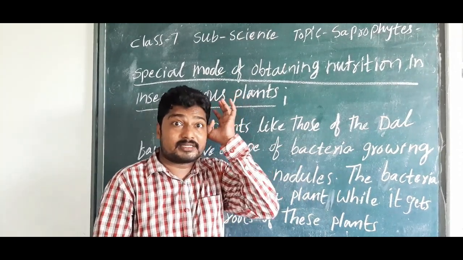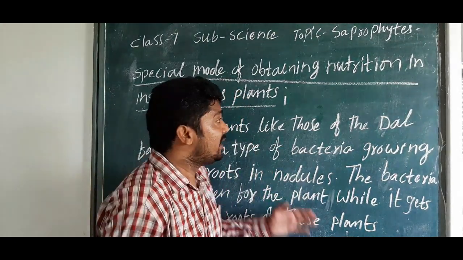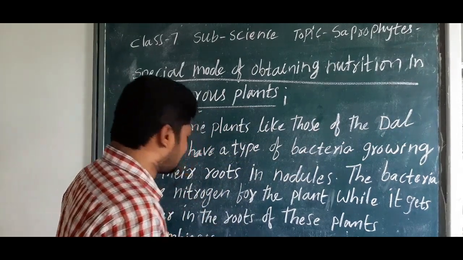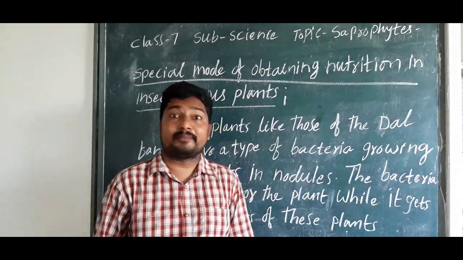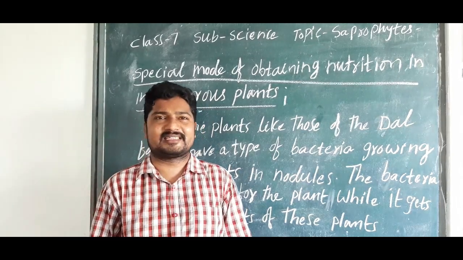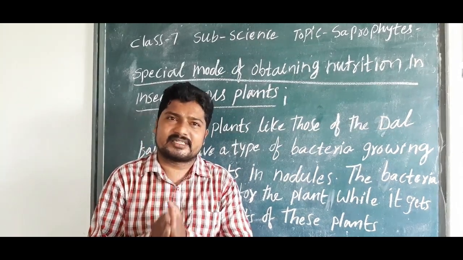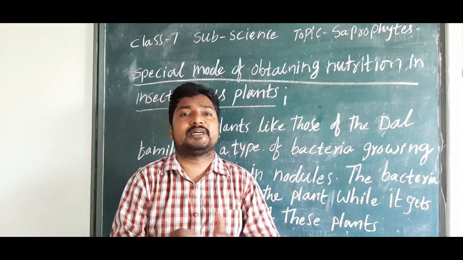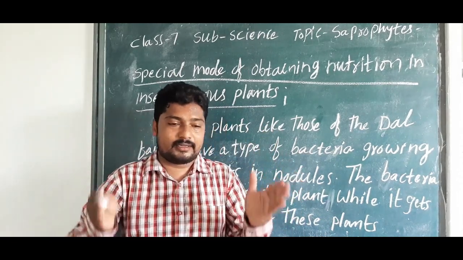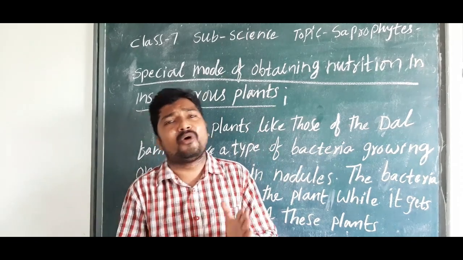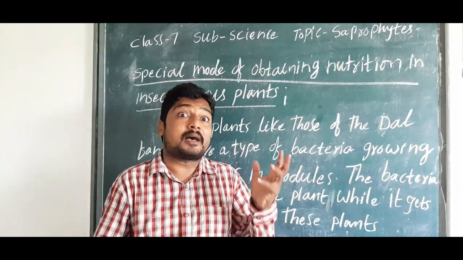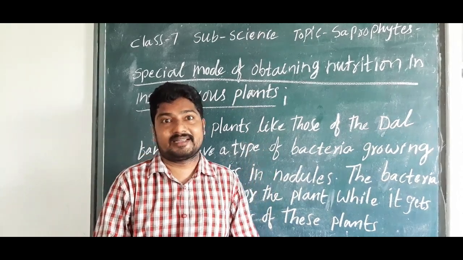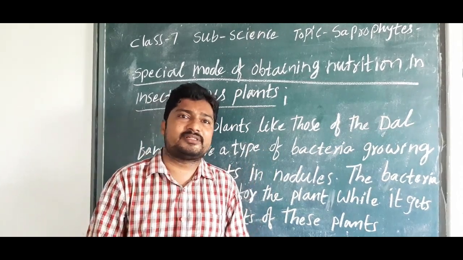And another one is very important: symbiosis. What is the meaning of symbiosis? Children, symbiosis is an association of two organisms that benefits both. Some plants need nitrogen, like the dal family plants.